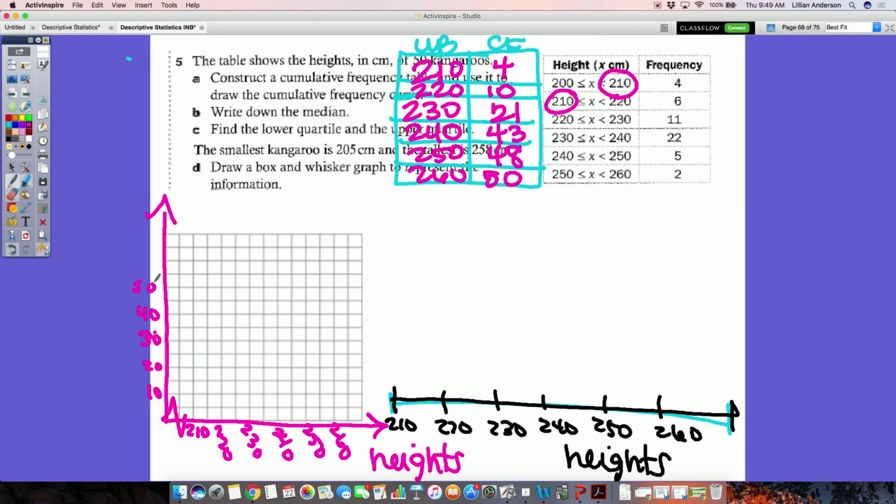Awesome. All right. So 210, I'm at 4. I'm going to use black to alternate between these colors. 220, I'm at 10. 230, I'm at 21. 240, I'm at 43.